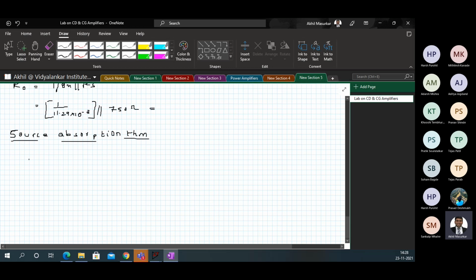So let us start with the model of the MOSFET. So we are having this. Here the value is gm·VGS. This is gate, drain, and sorry, this is drain and this is source.